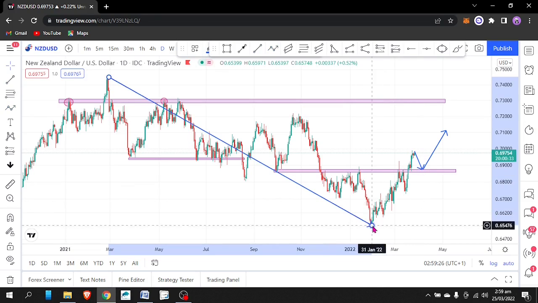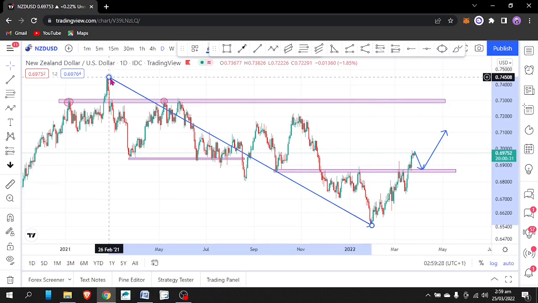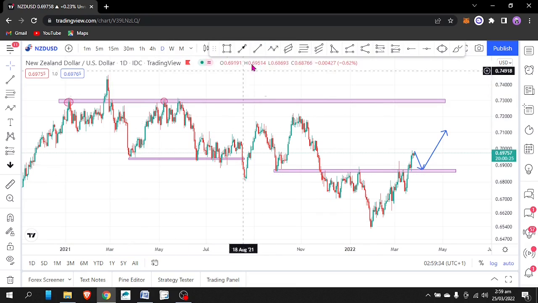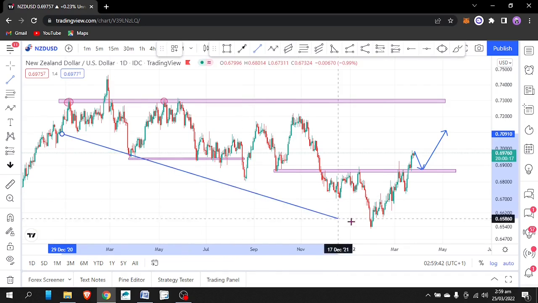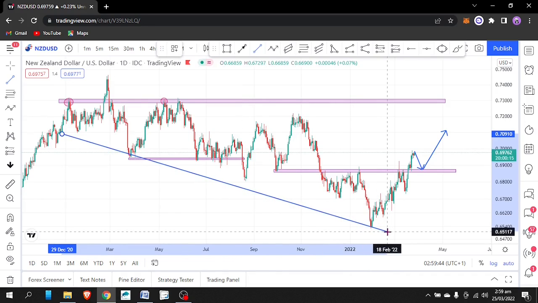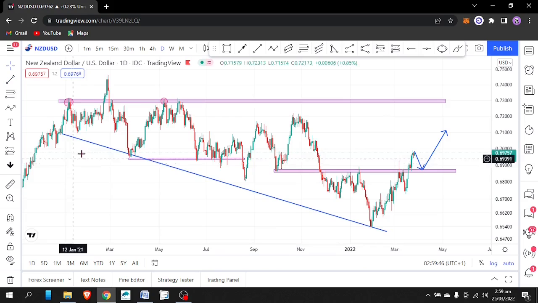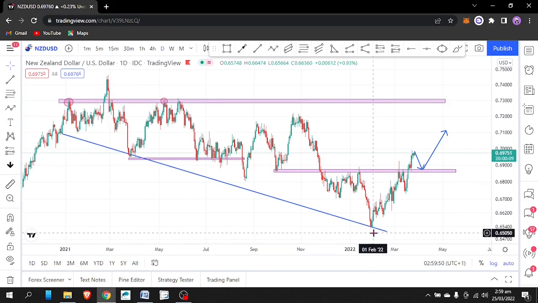Now I will remove this so that we will be able to draw our trend line. Now you click on the trend line and then you find your lows and you draw it like this, and this is a support level, this is a support level.